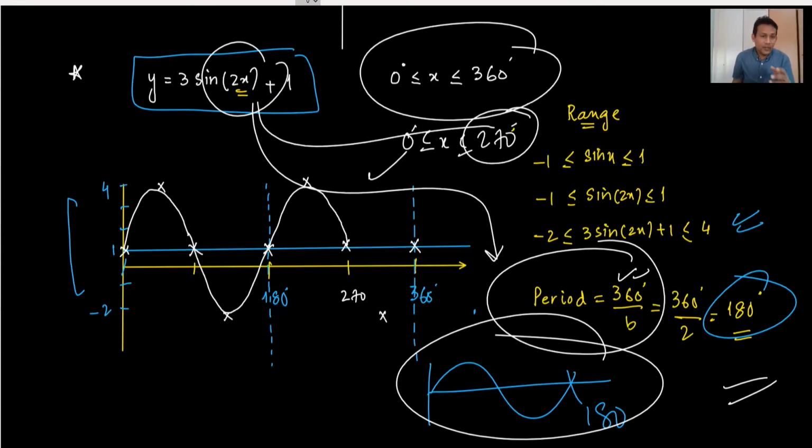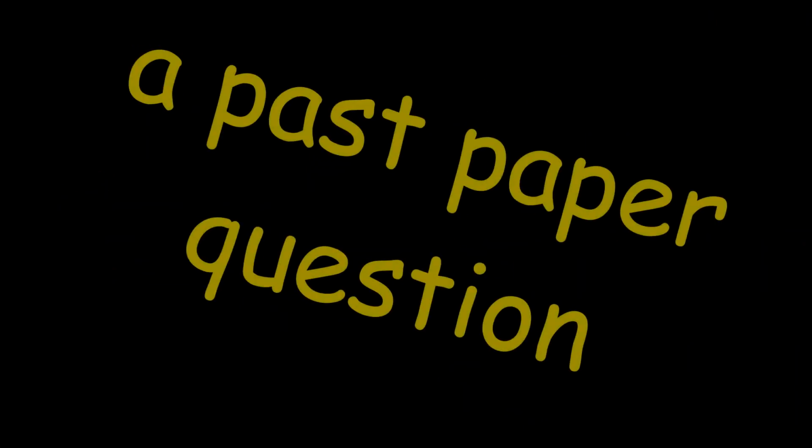So in this way, I have given all the explanation, and I would like to use one example from a past paper. Let's see, but this past paper is in gradient mode, and I would like to convert it into degrees, so first I will work in degree mode. Let's see how I do this past paper question.